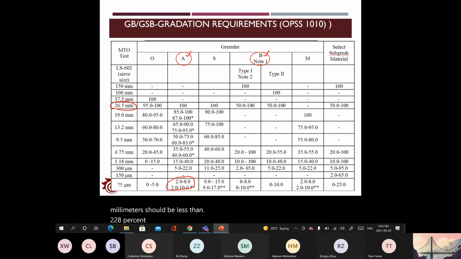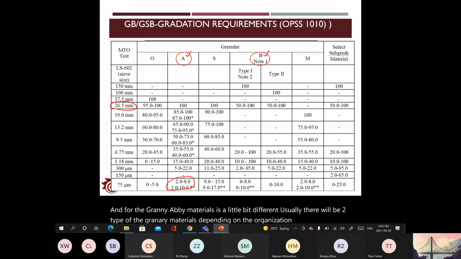And for the Granular B materials, it's a little bit different. Usually there are two types of Granular B materials depending on the gradation, the grain size distribution. And if you check the potential ranges of the Granular B materials, it is actually wider.